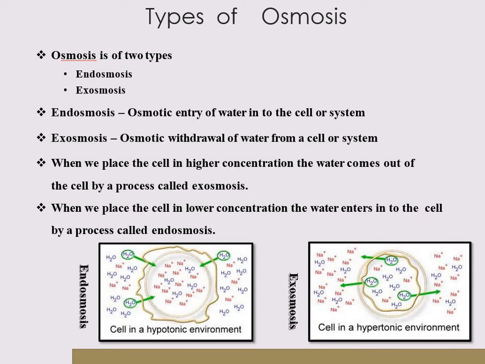When we place the cell in a lower concentration, the water enters into the cell by a process called endosmosis. So exosmosis and endosmosis are the two types of osmosis which happen in the plant or the animal kingdom.